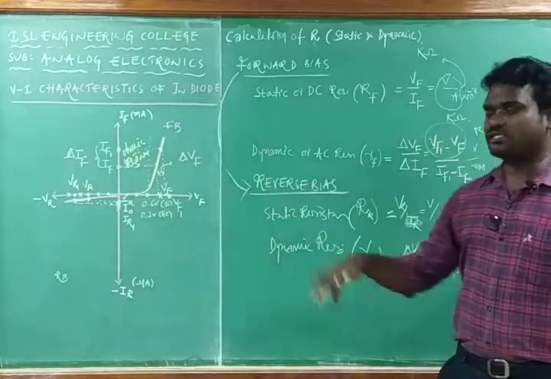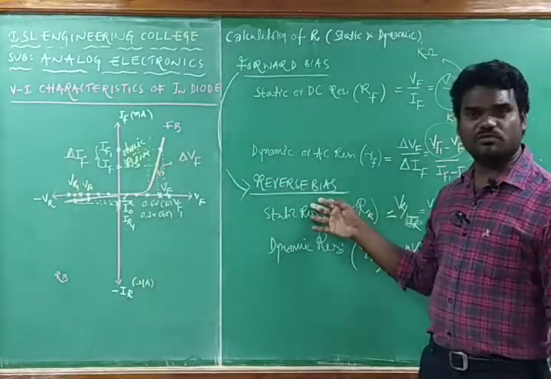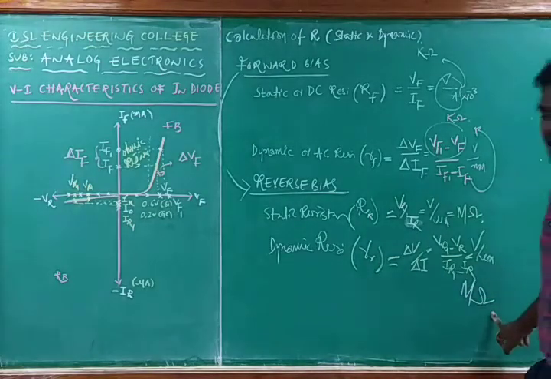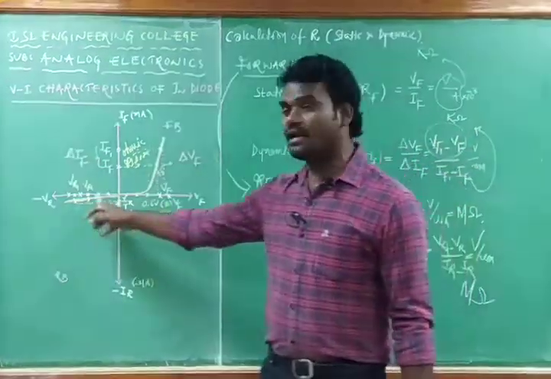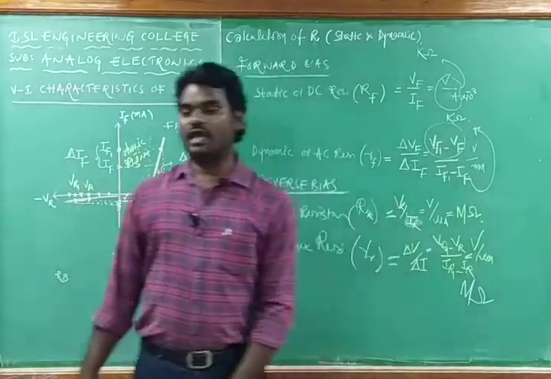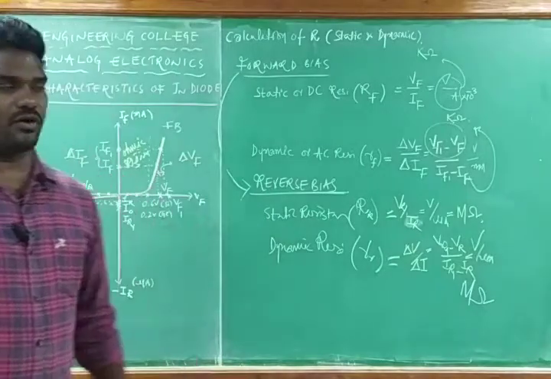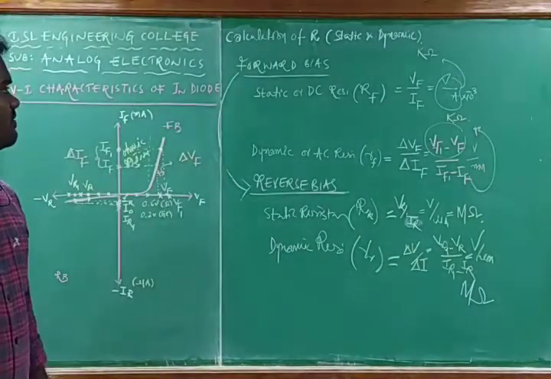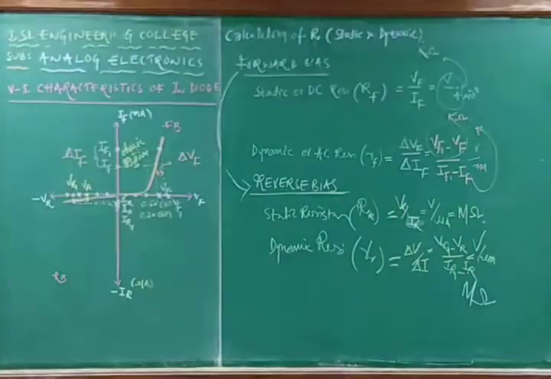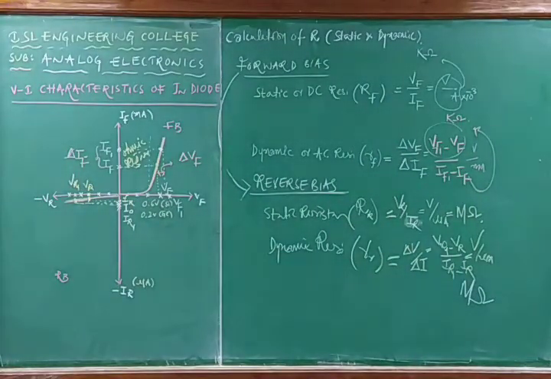When the same diode is connected in reverse bias mode, it offers mega ohms of resistance, so the current will be less. Like this you have to conclude, and with the explanation of static and dynamic resistance in forward and reverse bias modes, the VI characteristics of PN junction diode is completed.